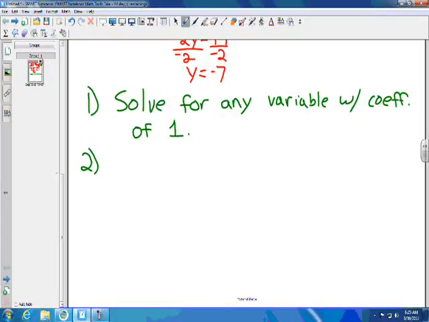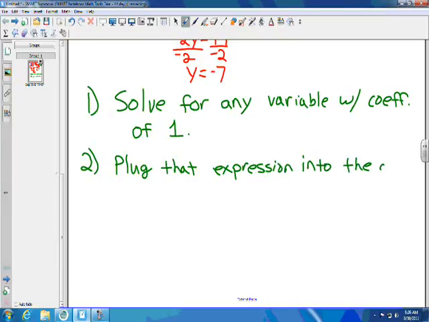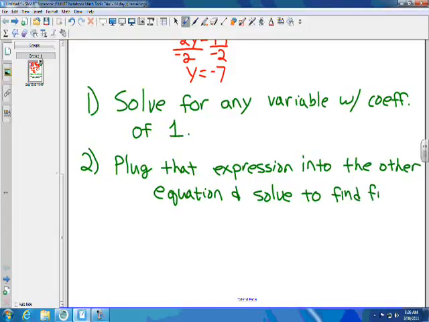Step 2 then was plugging that in or substituting. So you plug that expression, whatever you solved for, into the other equation. And solve to find your first value.